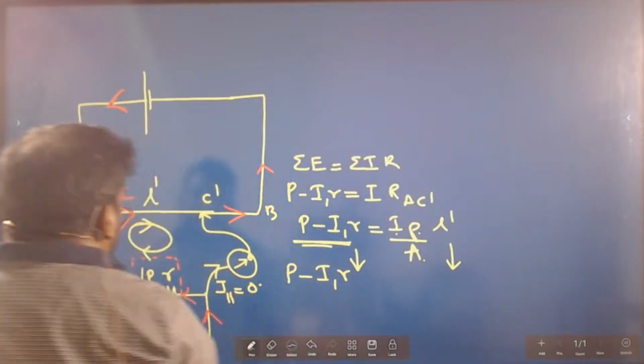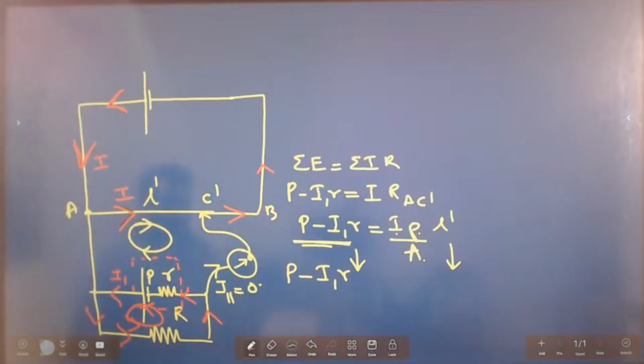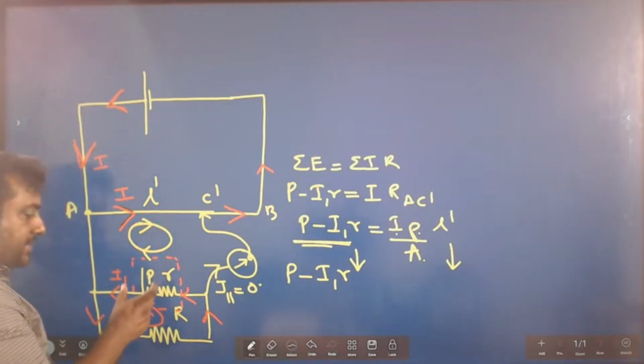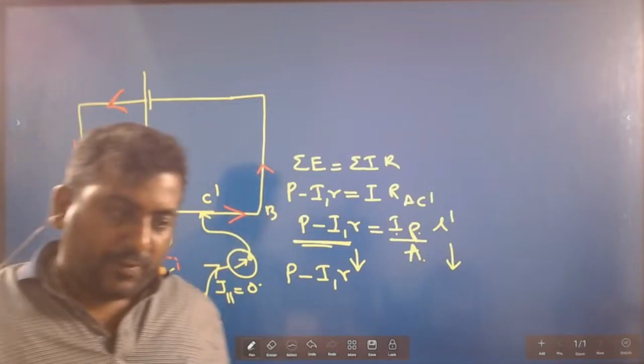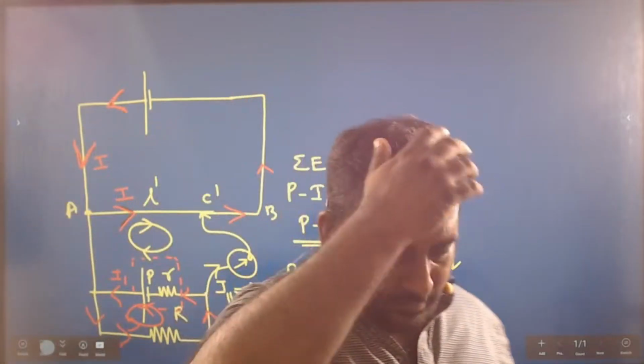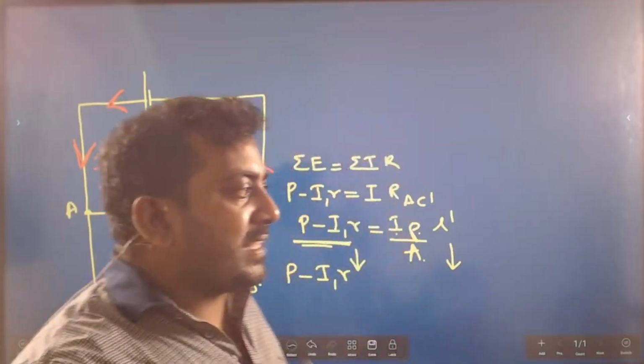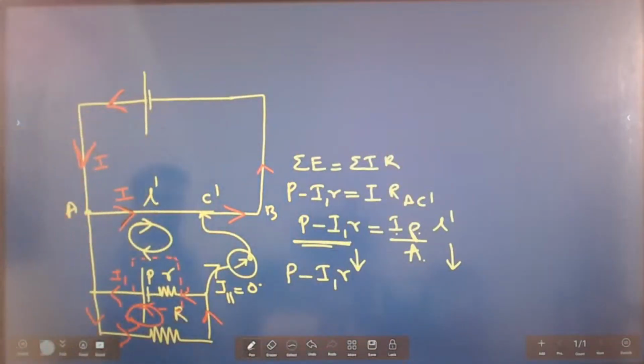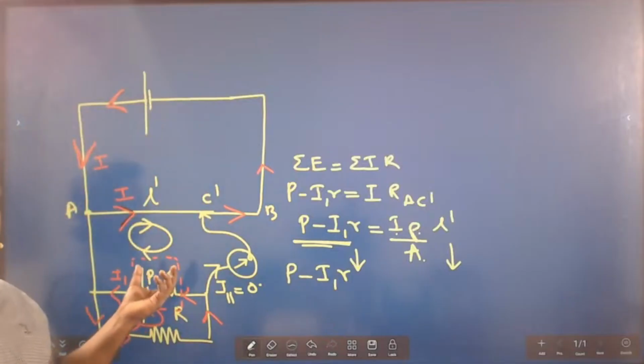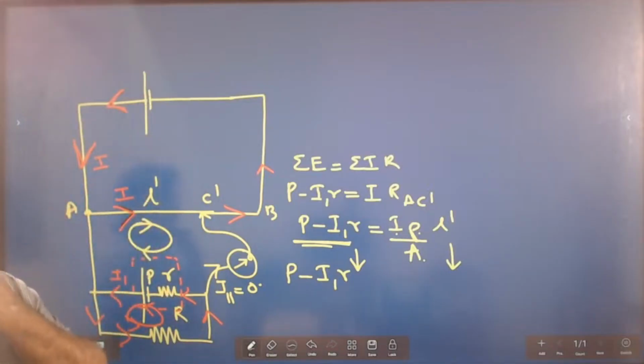Write a small sentence there. Don't write all of this. If we connect a resistor in parallel, we can say that the terminal potential difference will be balanced along the potentiometer wire.